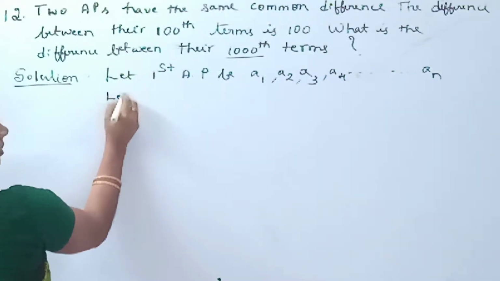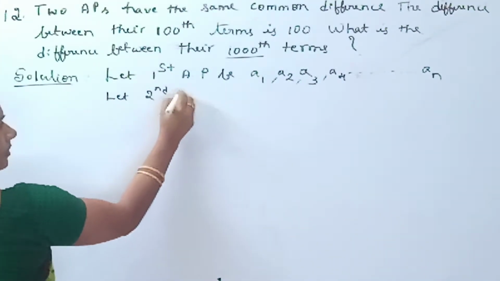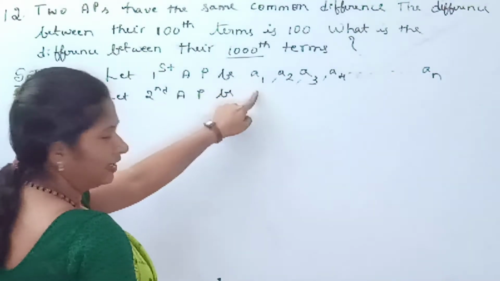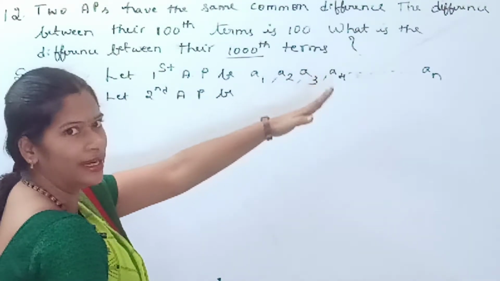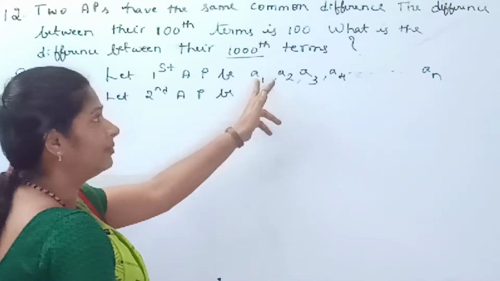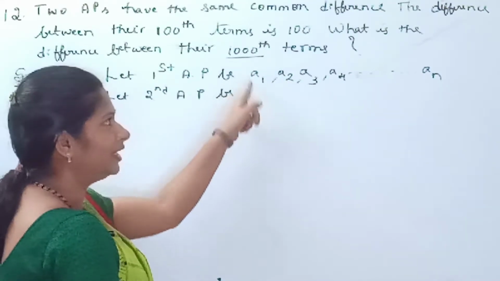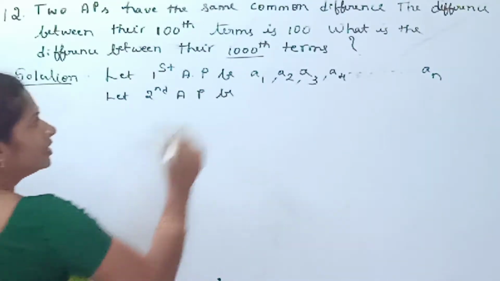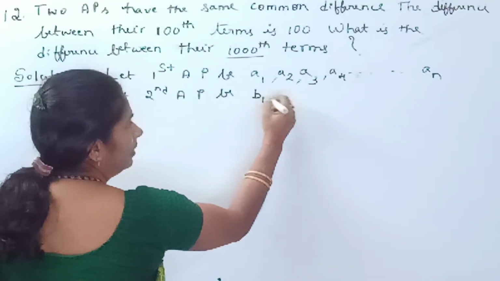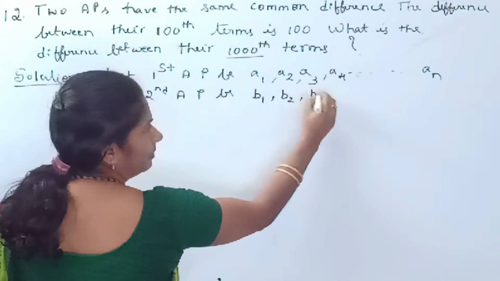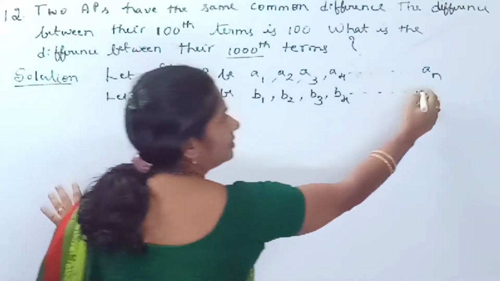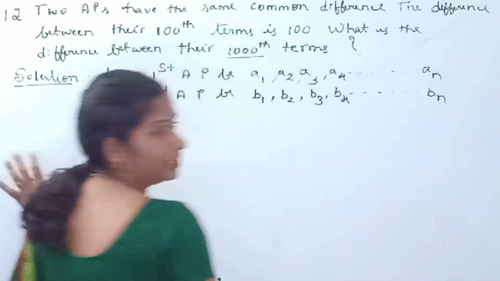Let the second AP be B1, B2, B3, B4 and so on, children. Other than alphabet A you have to take, because don't take the same alphabet. It's clear, because it is two different APs. Its last term, let me write it as BN.